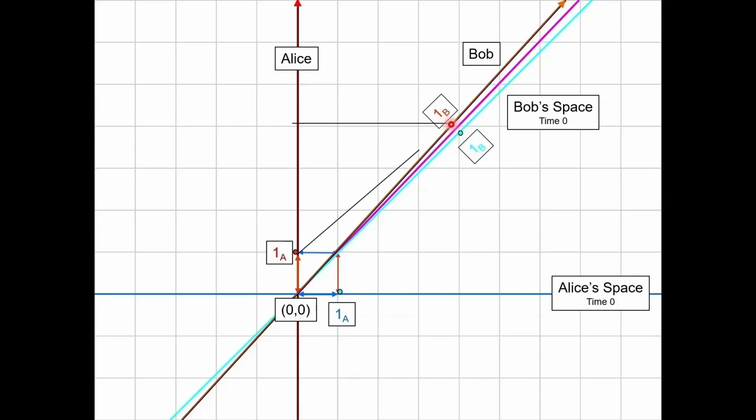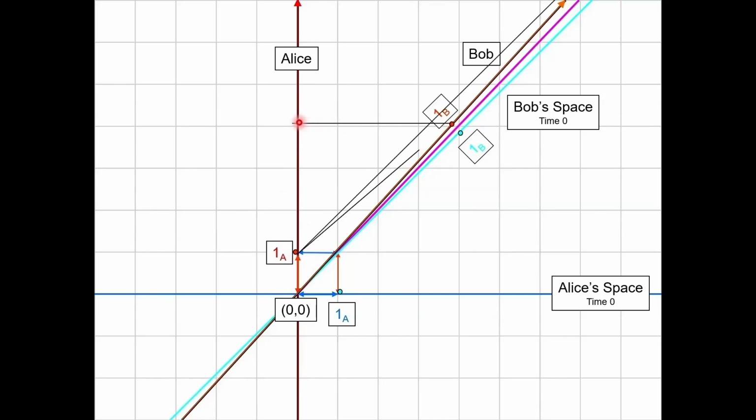This is Bob's 1 second now. And we go along a parallel line to Alice's space at time 0. And we see that now Alice sees Bob's 1 second as happening after about 4 seconds of hers. So now Alice sees a bigger discrepancy between her 1 second and Bob's 1 second.